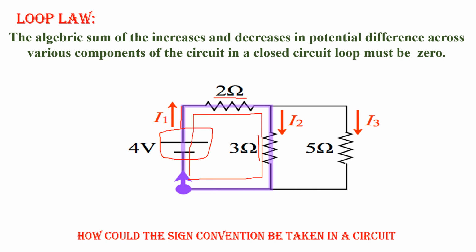And again it is looped with another loop, and here the resistance is 3 ohms and 5 ohms. Now at the end, the total value of the complete circuit loop will be 0. How? We will explain to you in the next video. So in Kirchhoff's law, there are two laws: one is junction law and one is loop law.